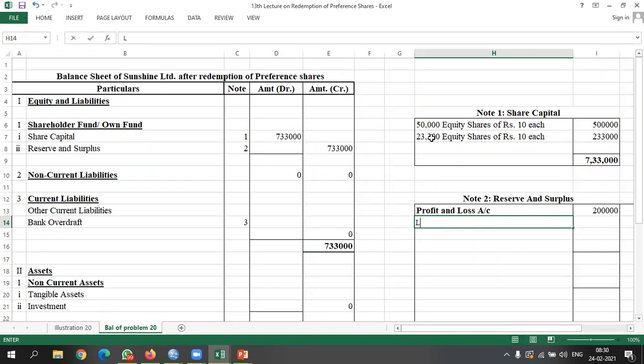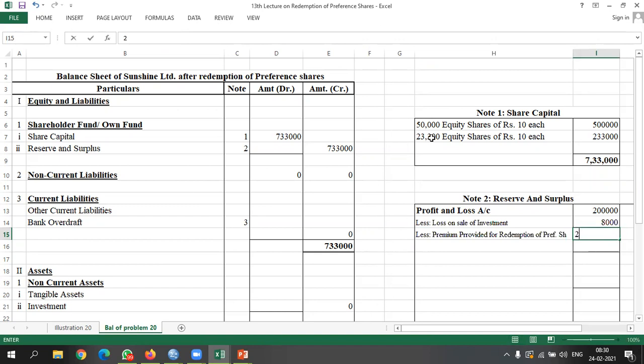We have deducted less loss on sale of investment 8,000, less premium provided for redemption of preference shares.